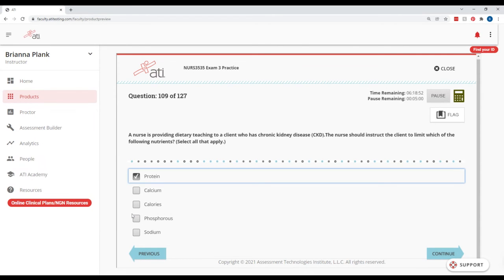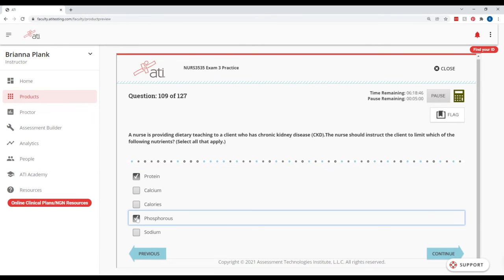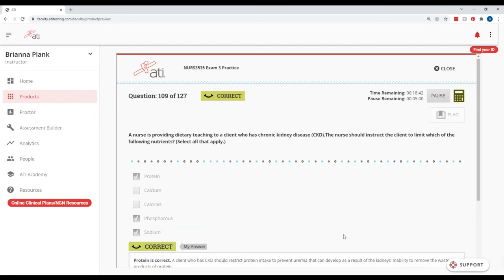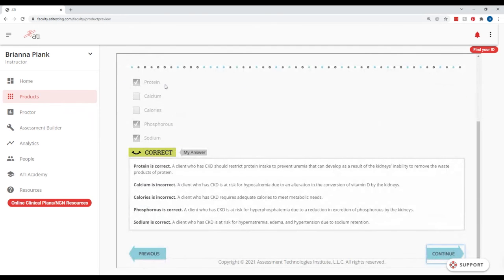A, B, E. Wait, C, A, B, and E. I feel like I'm right. Okay. Protein, we know. Calcium, that would be, if there were stones, we would be concerned about that. Calories, not really related.